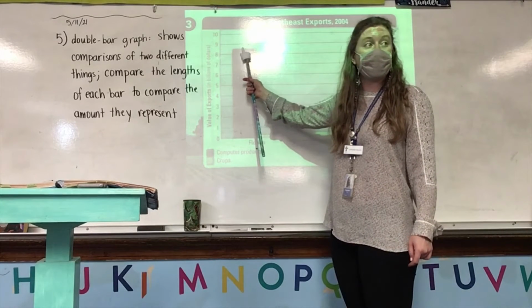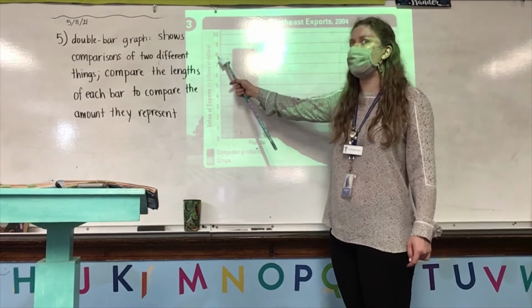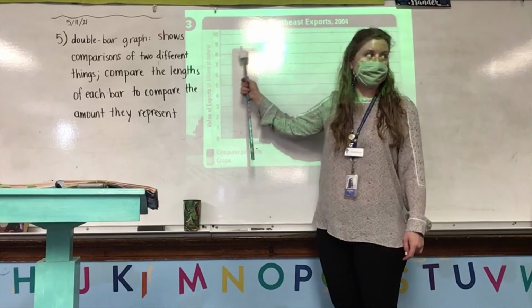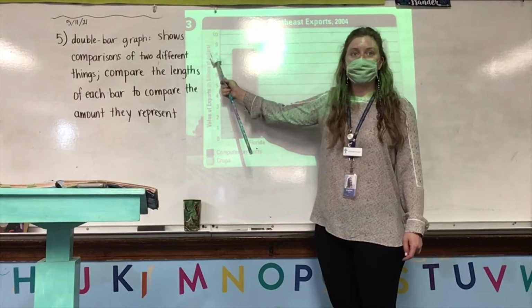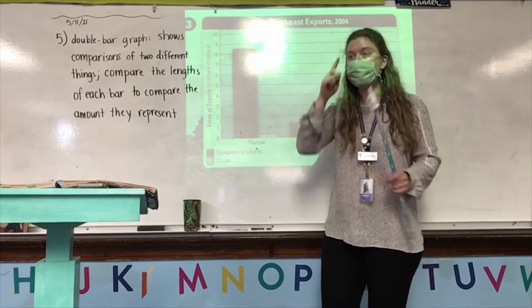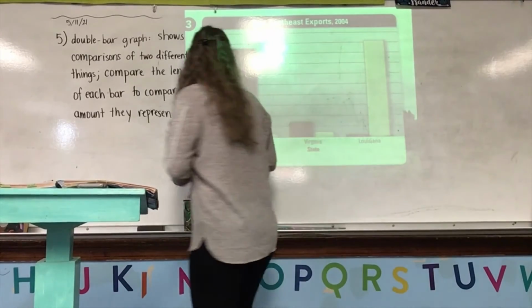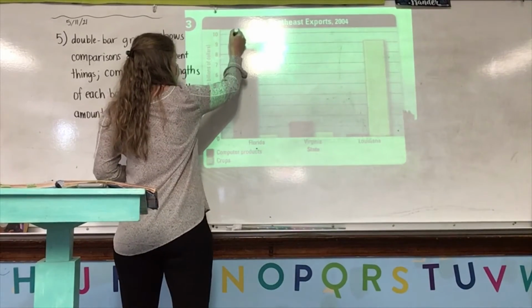Good. 8 billion 500 million dollars. Because remember, what you do is you take that number and then you put a 5 in the next place. We know 8 billion looks like this.